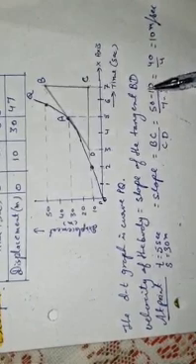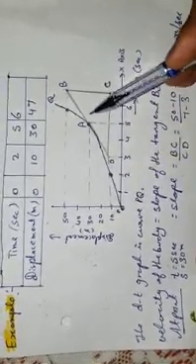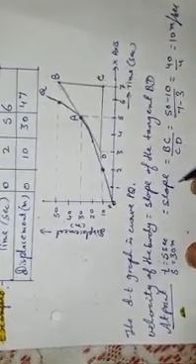Now how will we find the velocity of the body? The velocity of the body is equal to the slope of the tangent BD. Now you see, if we are finding the velocity of the body at time 5 second and the distance 30 meter. So again that slope we will say y-axis divided by x-axis.